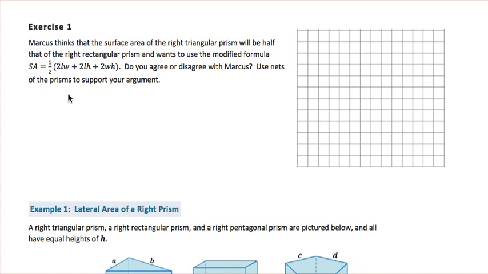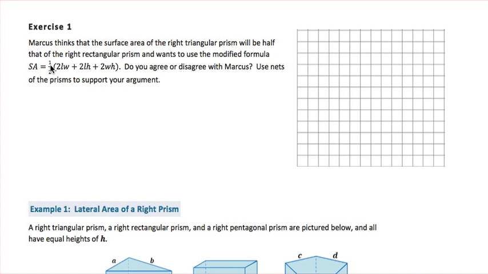So the surface area would be 2 times the length times the width, that would be your top and bottom, 2 times the length times the height, that would be the front and back, and 2 times the width times the height, which would be side to side.